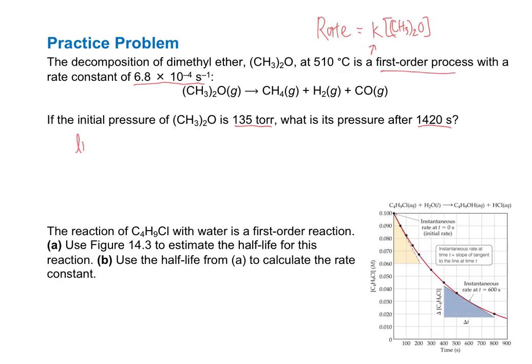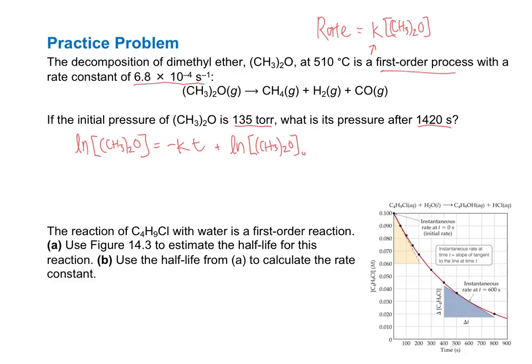So we're going to write it down: natural log of our chemical here, CH3 2O, equals negative KT plus the natural log of the initial concentration of dimethyl ether.